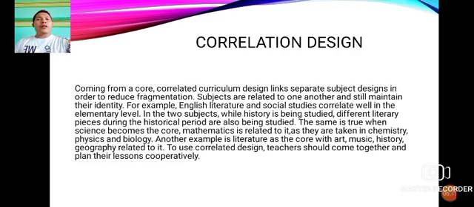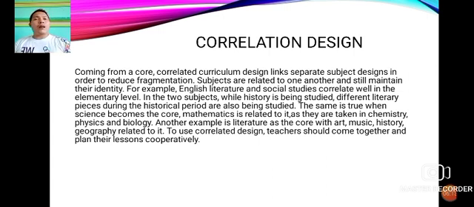Then let's proceed to the correlation design. Correlated curriculum design links separate subject designs in order to reduce fragmentation. Subjects are related to one another and still maintain their identity. For example, English literature and social studies are correlated well in the elementary level, where history is studied alongside the different literary pieces during the historical period.